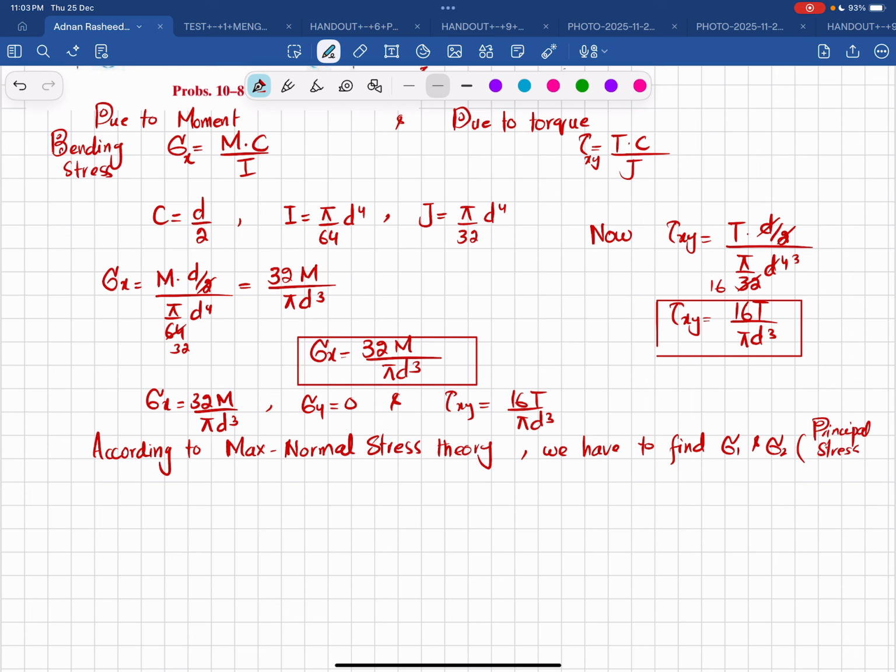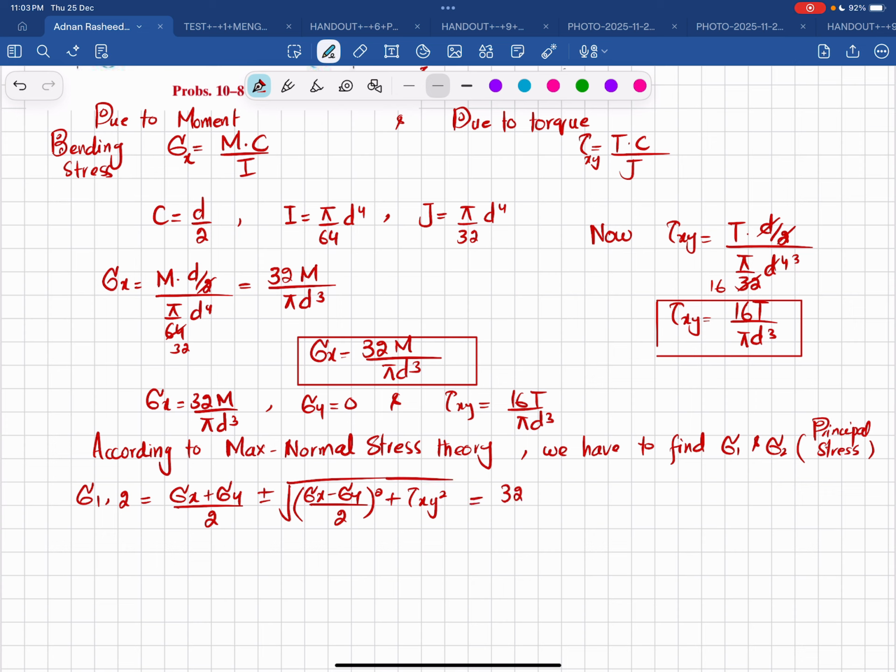So let's move on and find sigma 1 and 2. We know that sigma 1,2 is equal to (sigma x plus sigma y) divided by 2, plus or minus the square root of ((sigma x minus sigma y) divided by 2) whole squared plus tau xy whole squared. And from here you have to put in the values.